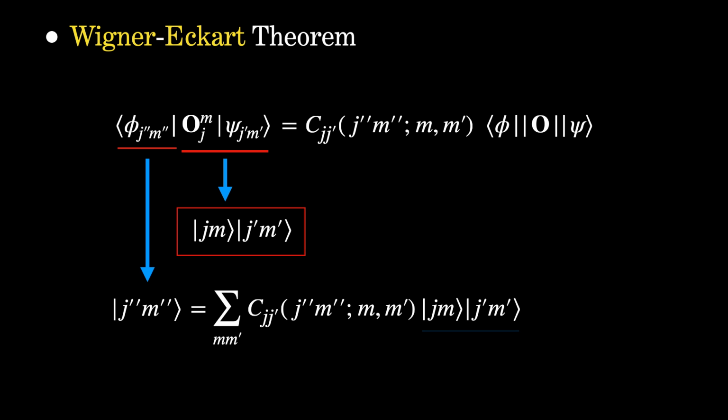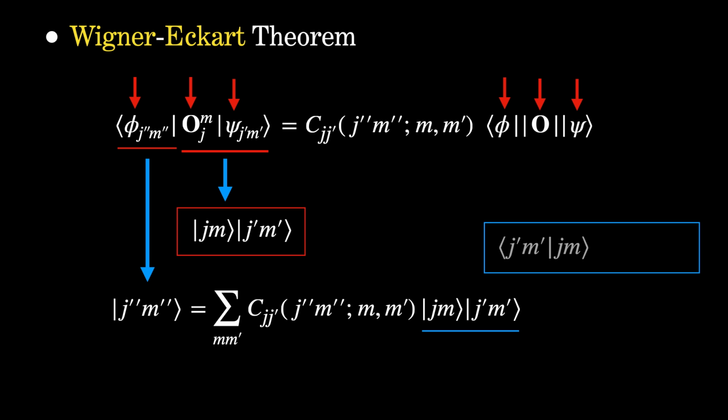This product basis is chosen such that the state in the red box is one of the elements. Of course, it is always understood that the other quantum numbers could also be present, which are not written explicitly, and which are captured by phi, psi, and O in the reduced matrix.